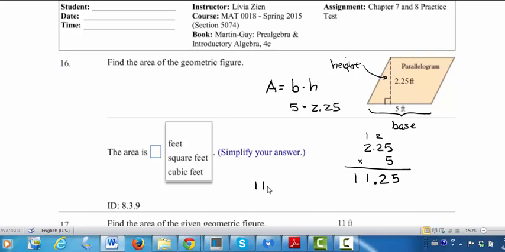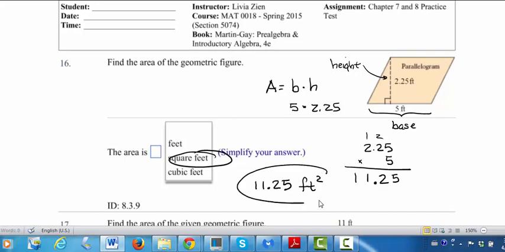So the area is 11.25, and again, remember, it's square feet. And you can always use this notation as well, feet squared. Okay.